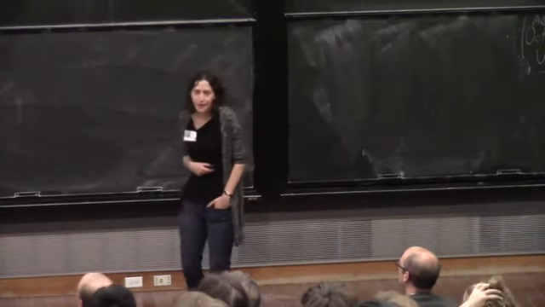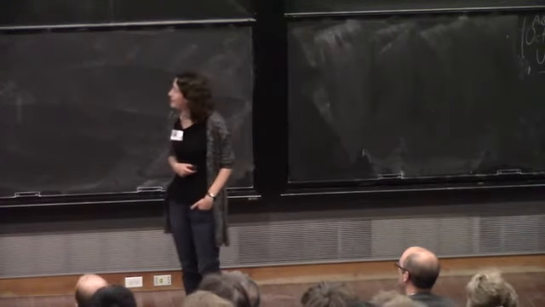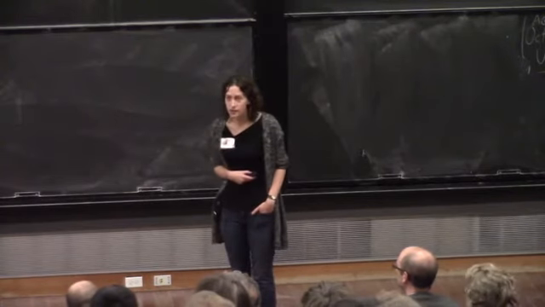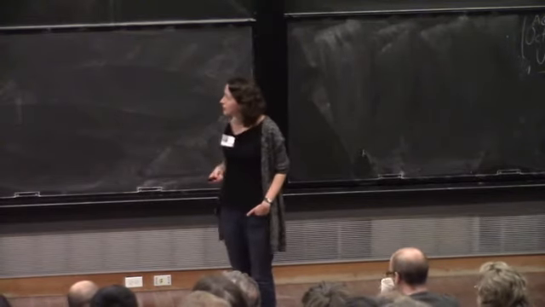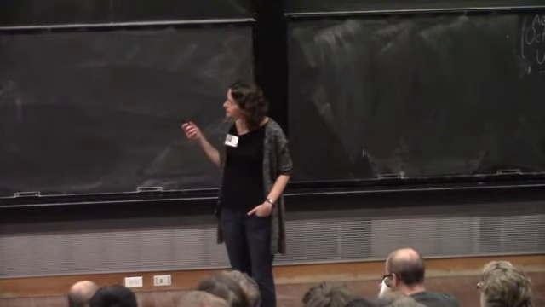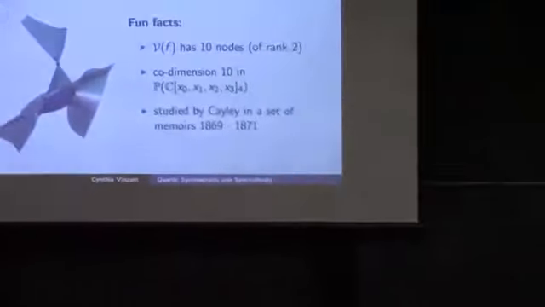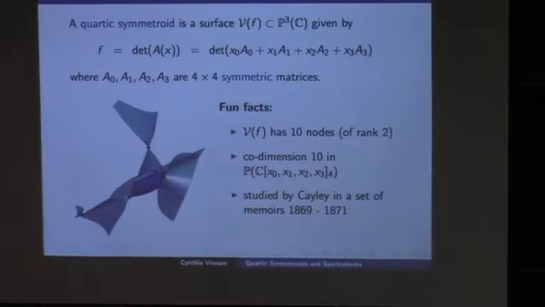So some fun facts about doing this. First off is that this surface will be nodal, generically. It will have 10 nodes, as sort of suggested by the picture, there's a node. And if you plug that point into the matrix, you would get a matrix of rank 2.